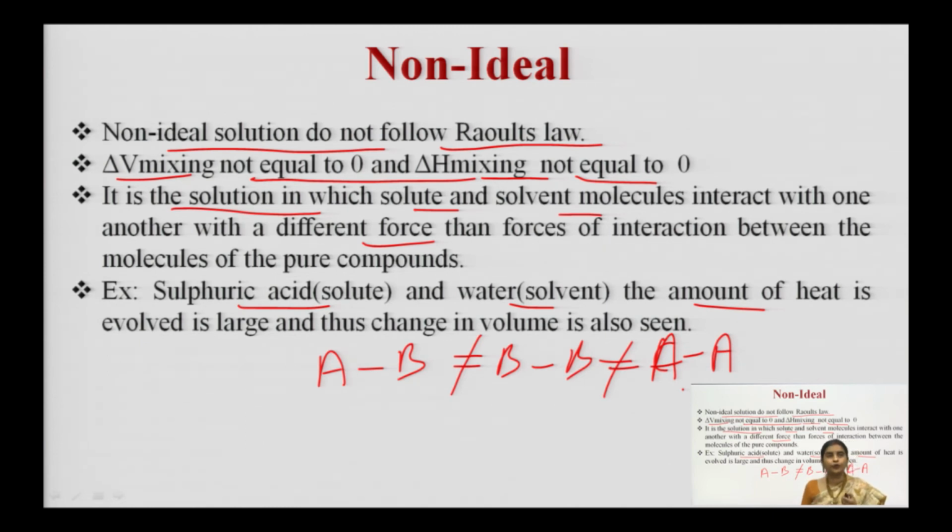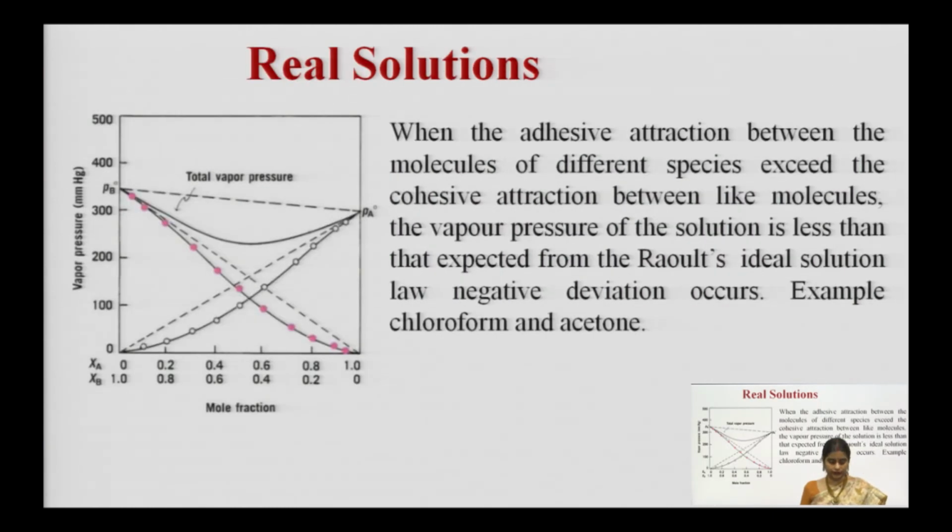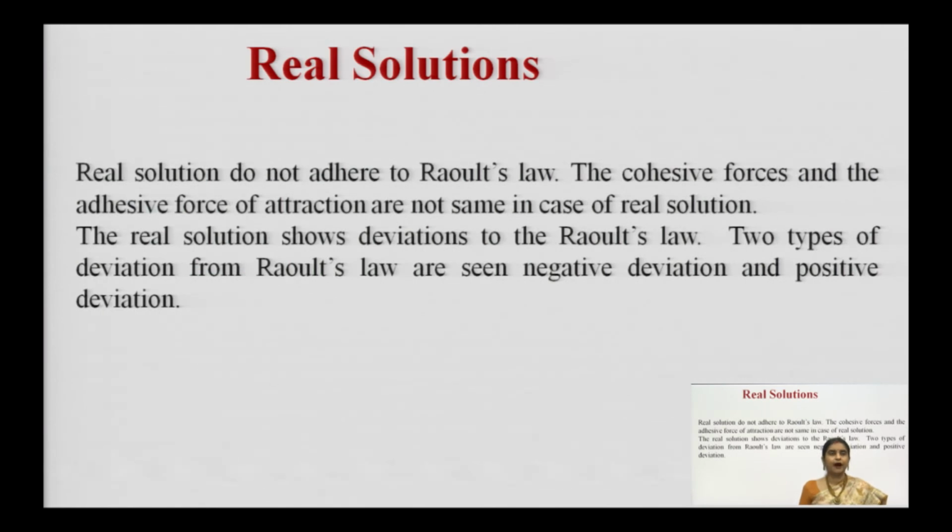So, there are two types of deviations. Non-ideal solutions are also called real solutions, which do not adhere to Raoult's law. Why? Again the same explanation: the cohesive force and the adhesive force of attraction will not be the same in the case of a real solution.